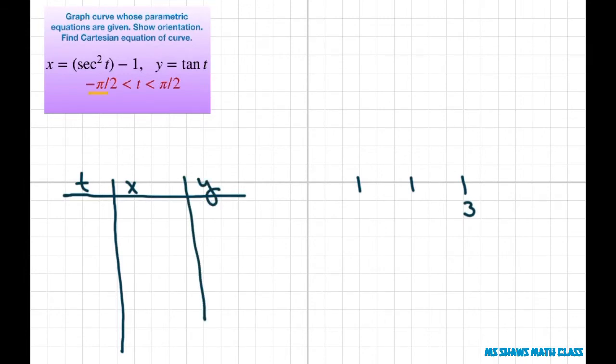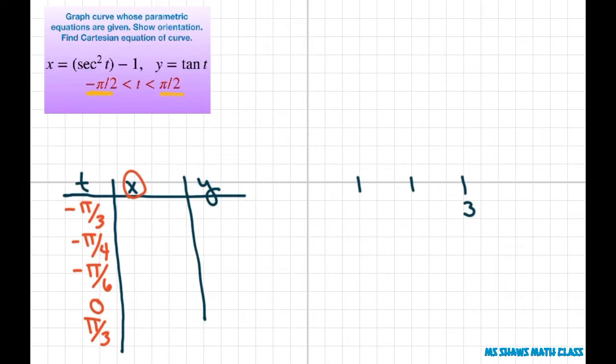So tan is undefined at pi divided by 2. So let's start this at negative pi divided by 3. Then we'd have negative pi divided by 4. Then negative pi divided by 6. Then 0. And then we'd go back around at pi divided by 3 and so forth.